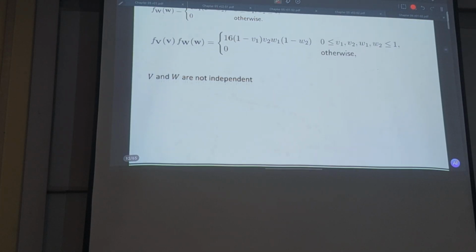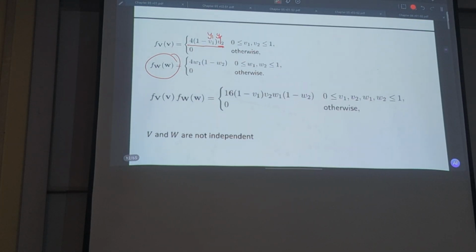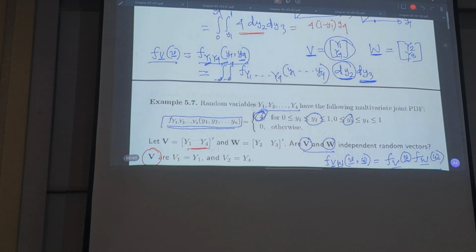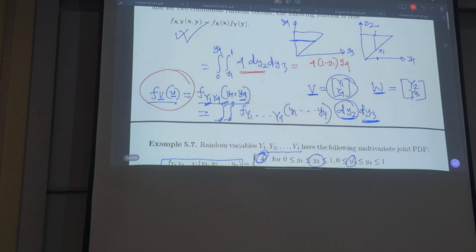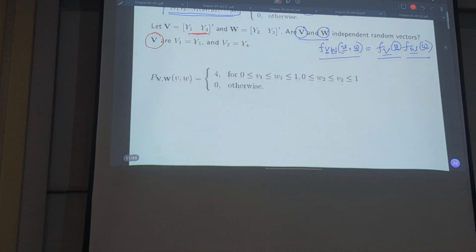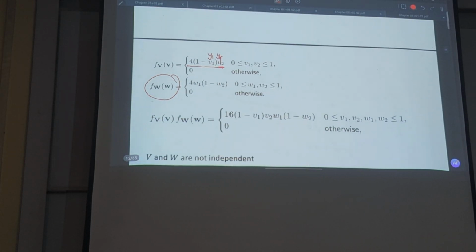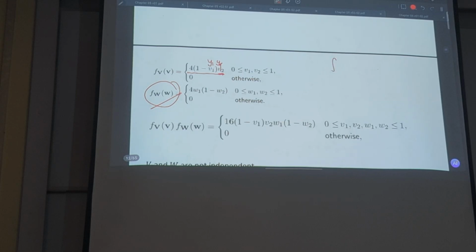Similarly, we can calculate the PDF for W. I have shown how to calculate the PDF of random vector V, so you can calculate the PDF of random vector W. And what is the joint PDF of V and W? It is given. So the question is, are they independent?